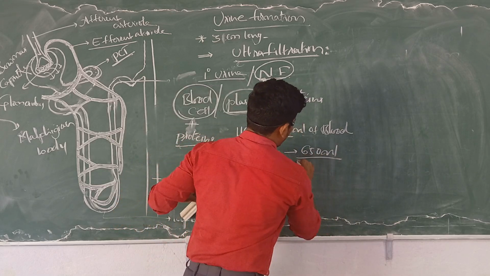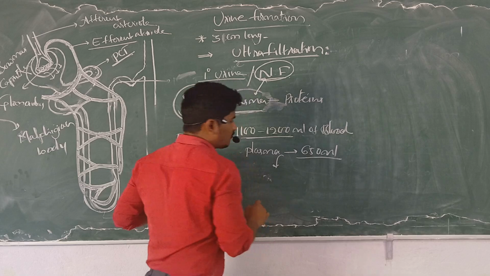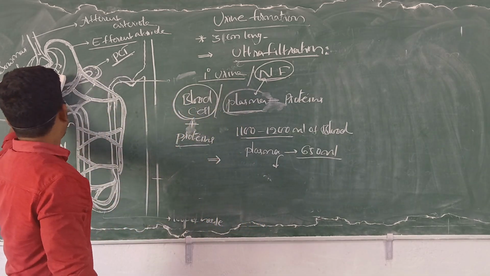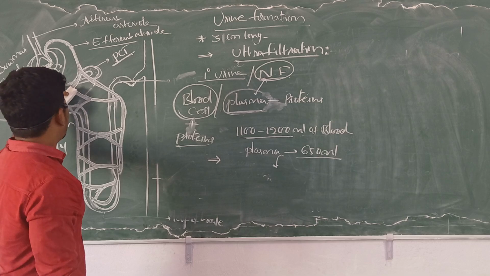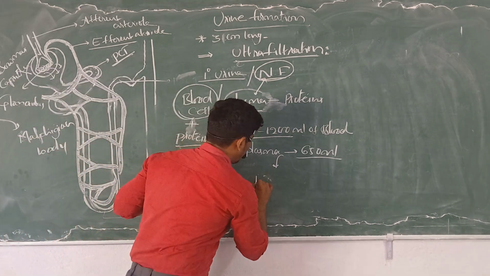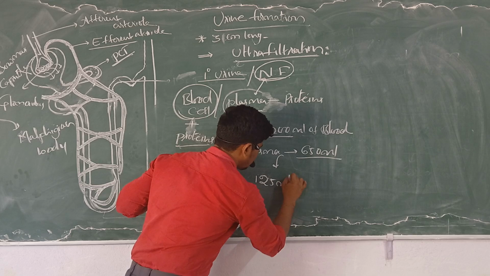Of that 650 ml, the amount going into the Bowman's capsule is 125 ml.